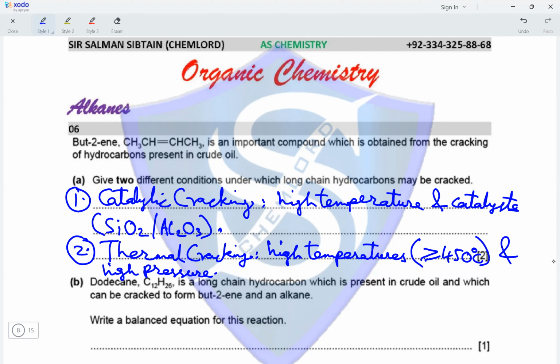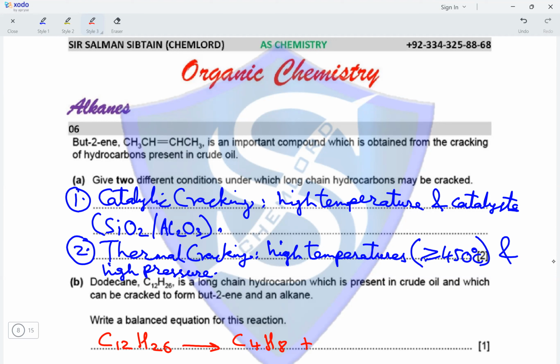So C12H26 when cracked would produce C4H8. And if we subtract 4 from 12, we end up with 8 carbon atoms. And if we subtract 8 from 26, we are left with 18.